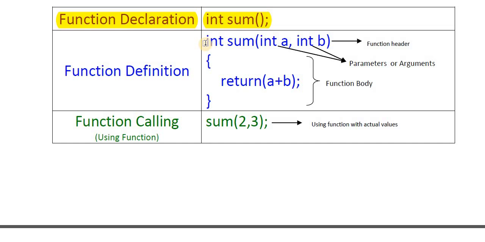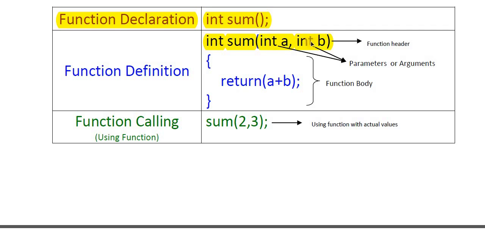here we are creating a function integer, this is the data type of the function, sum, this is the name of the function, and integer a and integer b, these are two parameters or arguments of the function. Note here we are not putting a semicolon because when defining the body of a function, a semicolon is not given.